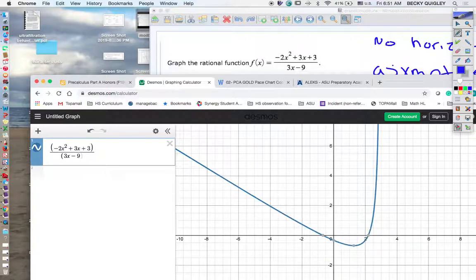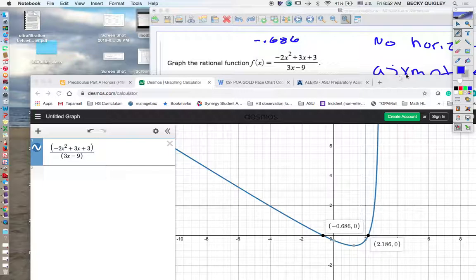Oh, you can see that slant asymptote going on there too. We'll talk about that in a second. Okay, so the x-intercepts are right there. So negative 0.686. That's what we would have gotten if we had simplified our quadratic answer there. And 2.186.